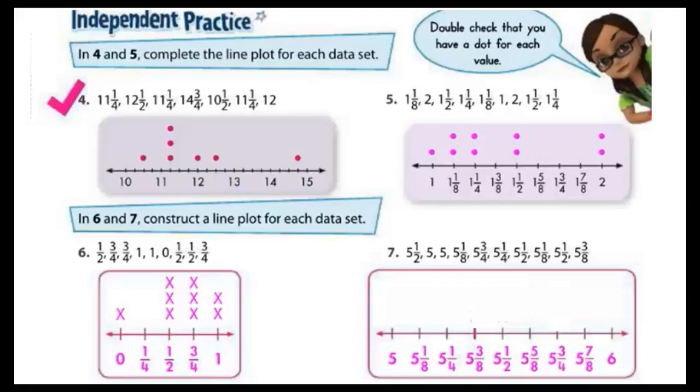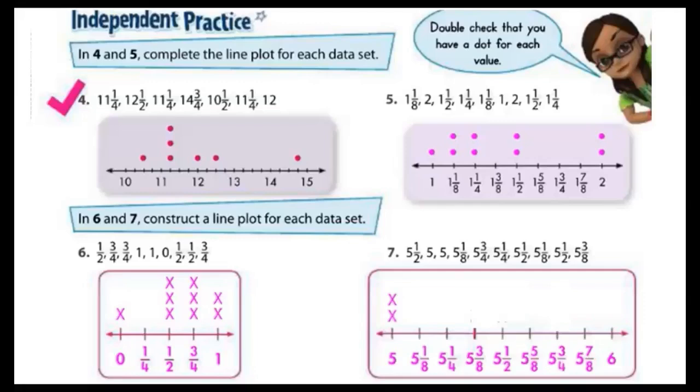Select them all. Count them all. Count all 5, just 5 as a whole number, without any fraction, without any decimal, without anything. 5 as a whole. How many times do we have? Just 2. Okay, I'm going to draw 2x's over this point.